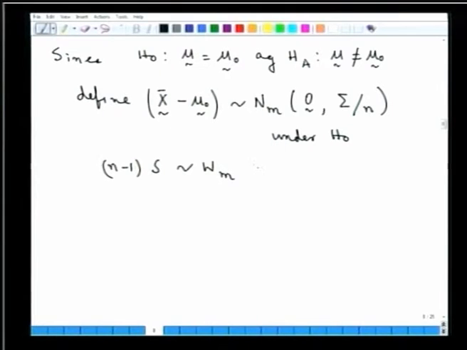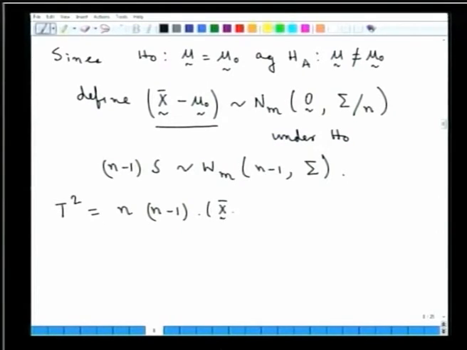We will have that to have a Wishart distribution with n minus 1 degrees of freedom and an associated variance covariance matrix sigma. So we will have this Hotelling's T-square statistic, defined in terms of this new vector, which is centered in order to take care of this under the null hypothesis condition. So what we will be having here is once again C remains n, and n is the degrees of freedom, so it's n minus 1. So we will have this n into n minus 1. Then the role of d prime will now be played by this x bar minus mu naught quantity.